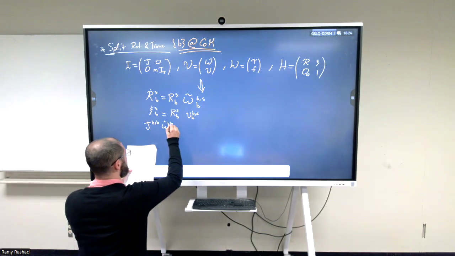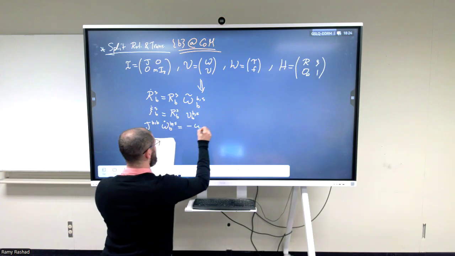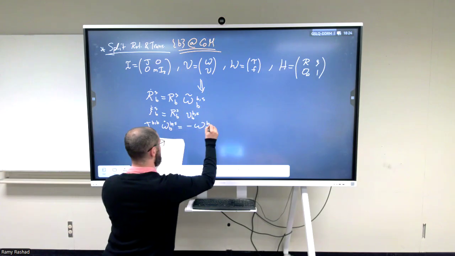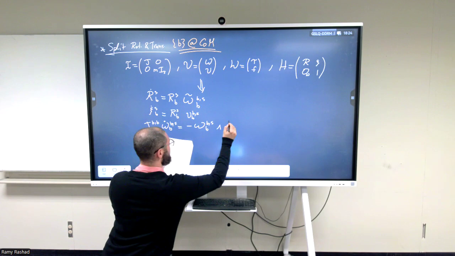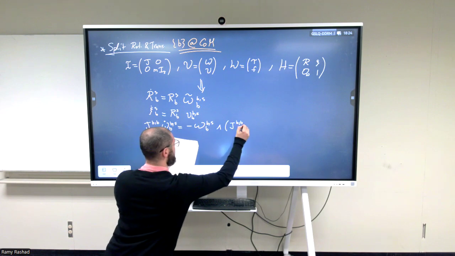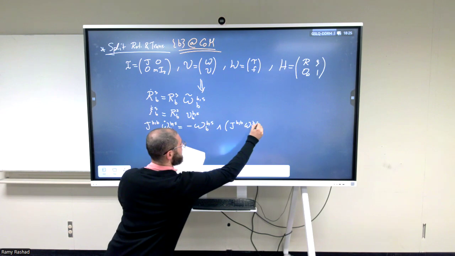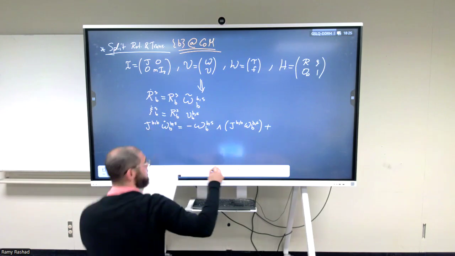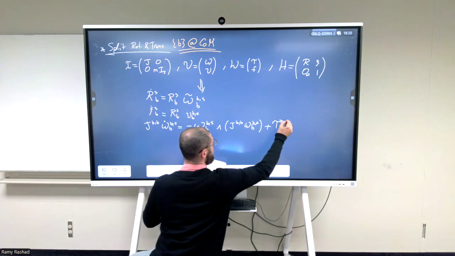Then we have that omega dot is equal to, with a cross product, plus the torques.